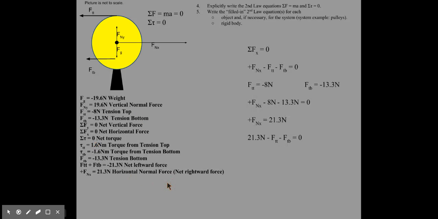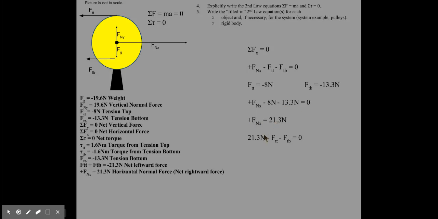All right, now there's still some things horizontally we haven't calculated. So let's go back to our horizontal equation. We need to solve for Fnx. We're given the force of tension at the top, and we've just recently solved for the force of tension at the bottom. So when we plug in FTT and FTB, we get this equation, so we can find the horizontal component of the normal force.